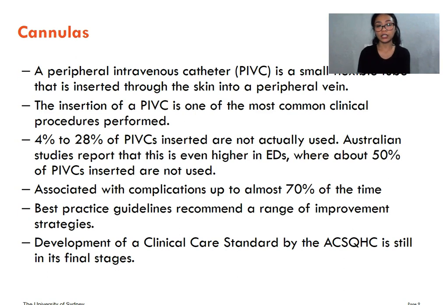The Australian Commission on Safety and Quality in Healthcare is currently developing a clinical care standard, similar to what we have for falls risk, clinical deterioration, infection control, and those kinds of things. They are developing a clinical care standard around the use of cannulas, so that we can have a more consistent, high quality standard of care.